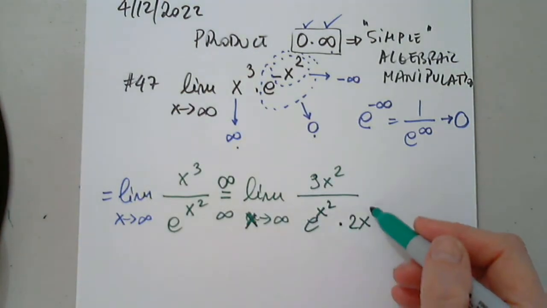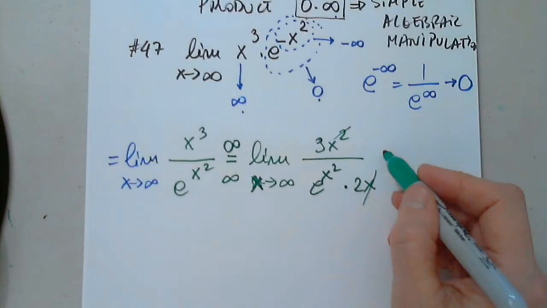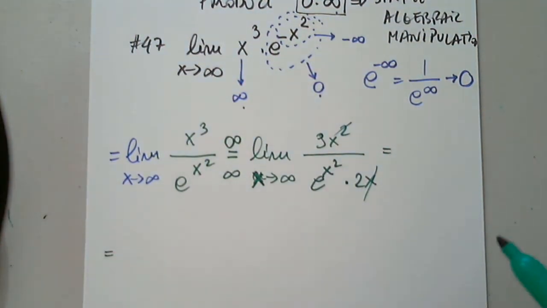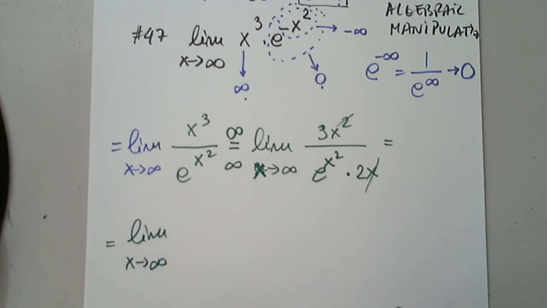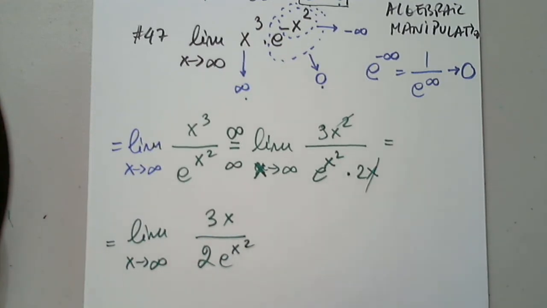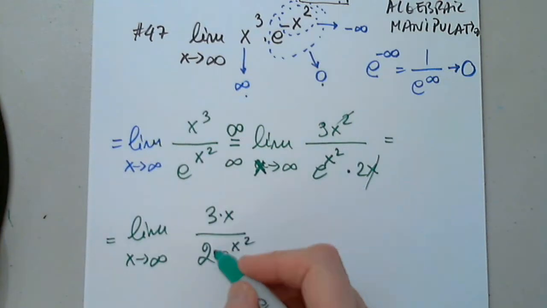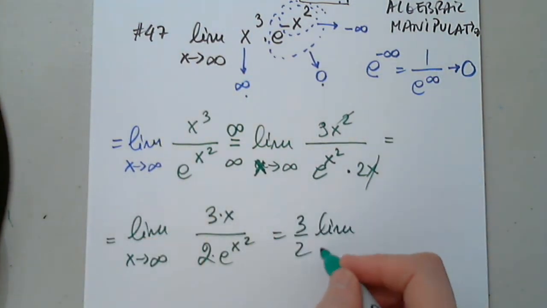Awesome. I get rid of a 1x. So then I continue. Let me write it one more time. So this is x approaches infinity. The top is 3x, and the denominator is 2e to x squared. 3 over 2, they're both factors. They can go in the front if that's what you want. But don't forget that they are there.